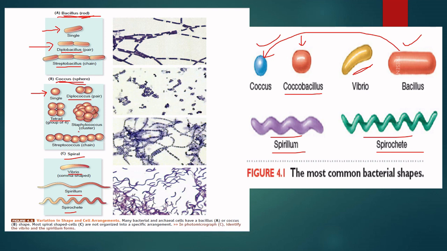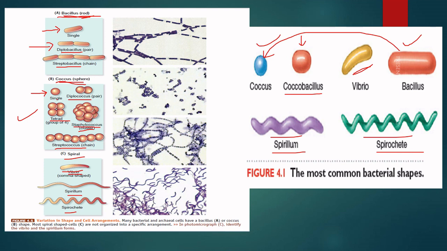If they are present in a cluster form, then we call them staphylococcus. And if they are present in a chain form, then we will call them streptococcus. Vibrio, these are not arrangements. So these are all the different arrangements of bacteria.